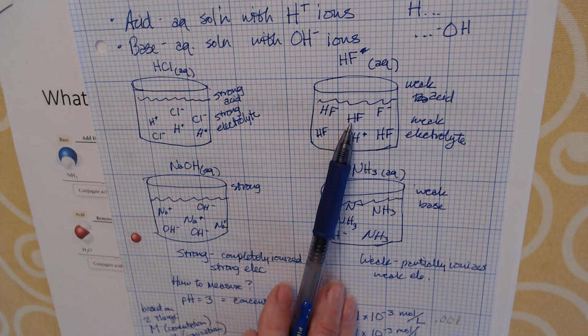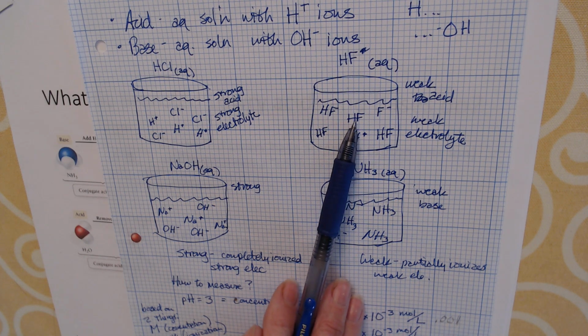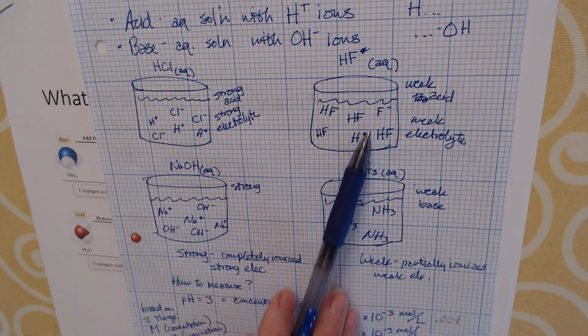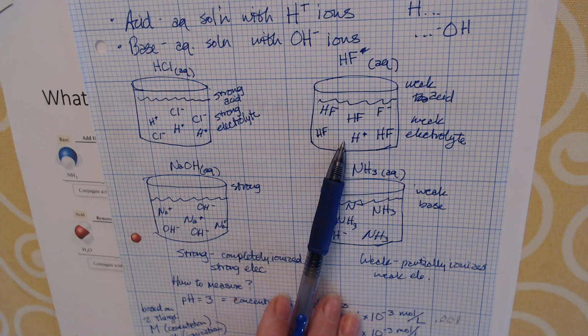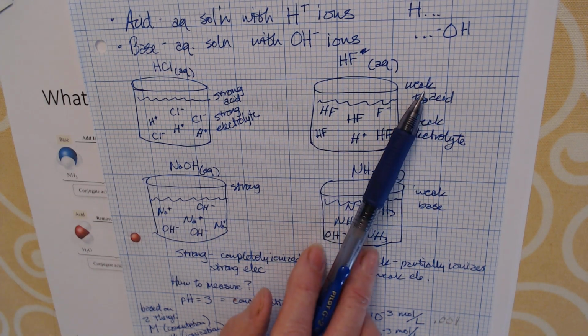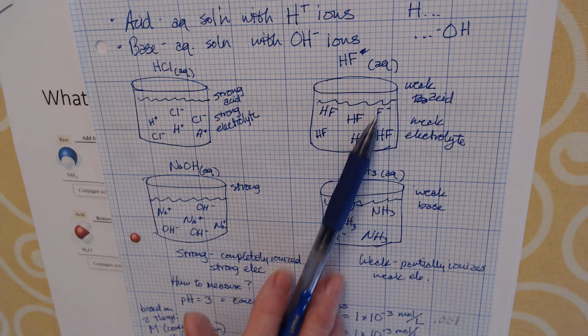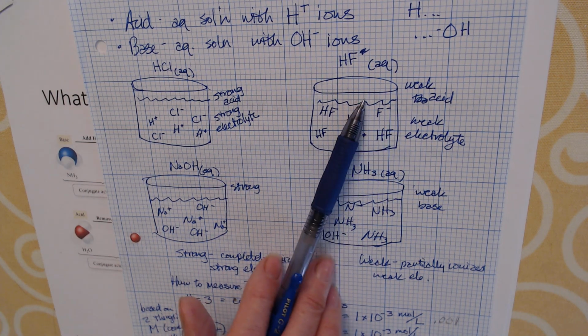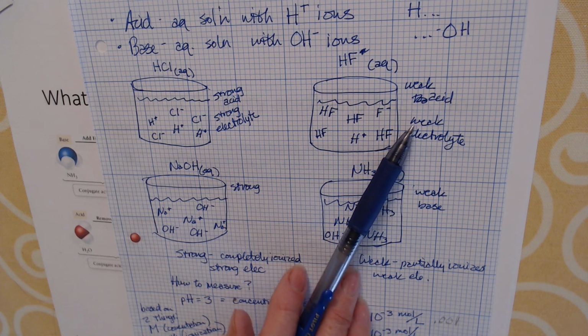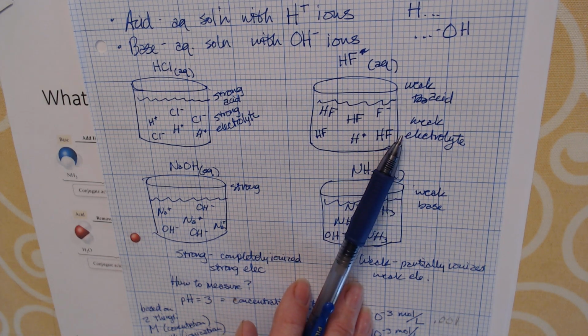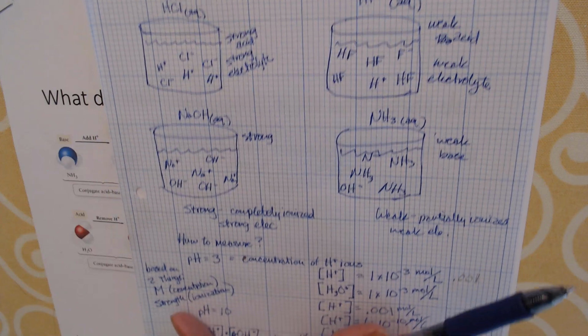It will not let go of that hydrogen for anything in the world. So very little of it will dissociate. Because of that, it's considered a weak acid. And because it doesn't have many ions available to line up to carry that charge, it's considered a very weak electrolyte as well. Okay, so that's the world of acids.